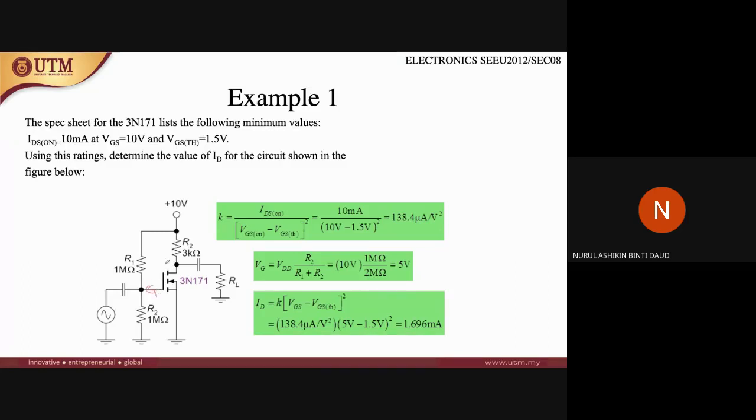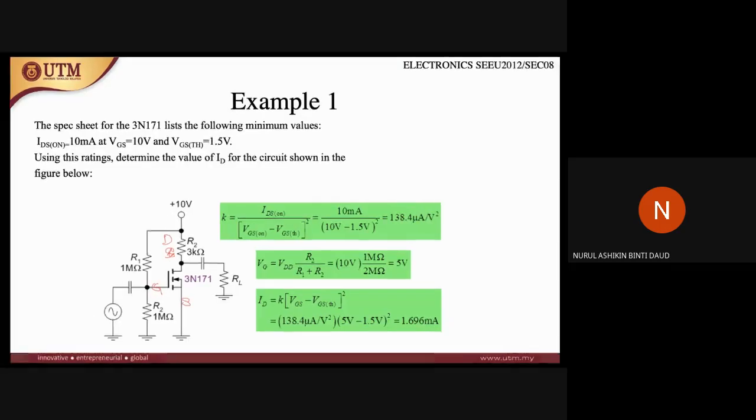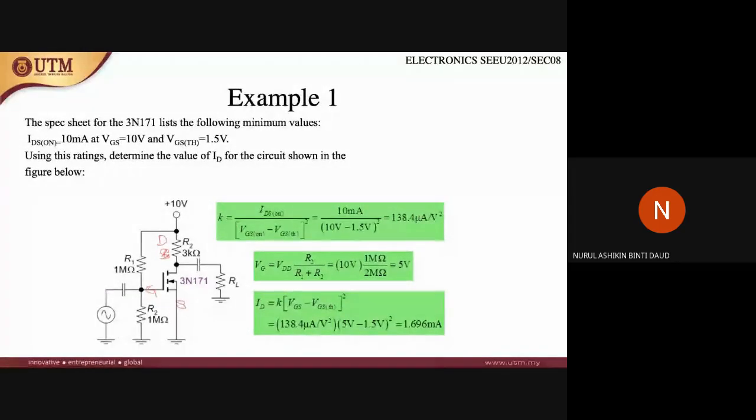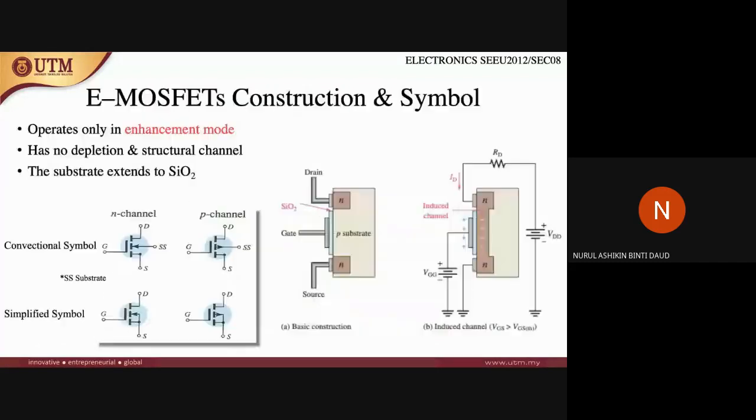Up here is always drain, and down here is always source. It is based on these symbols. At the side here is always the gate.